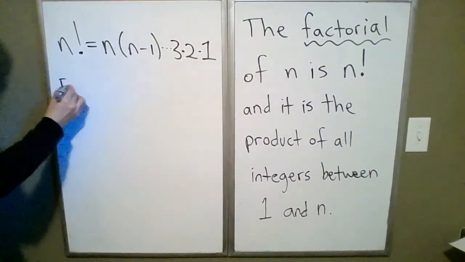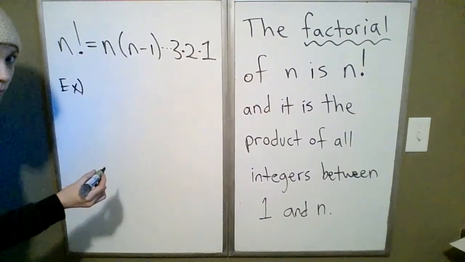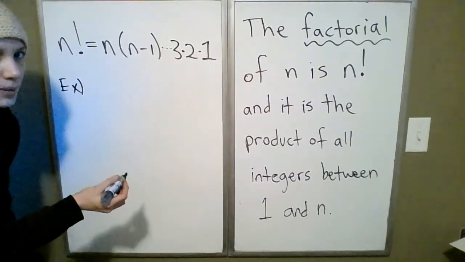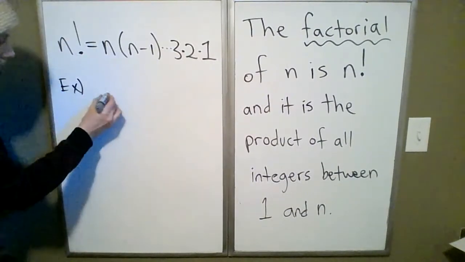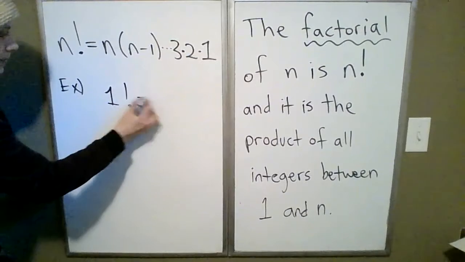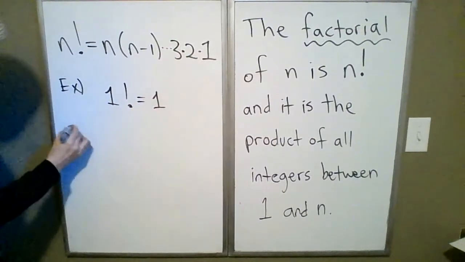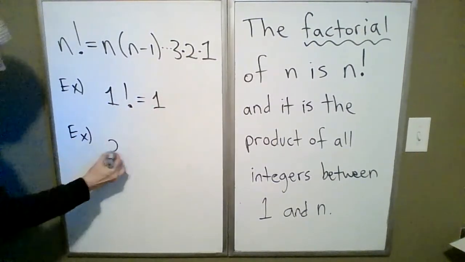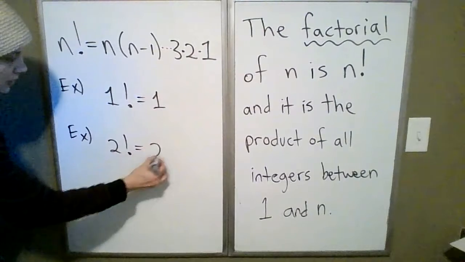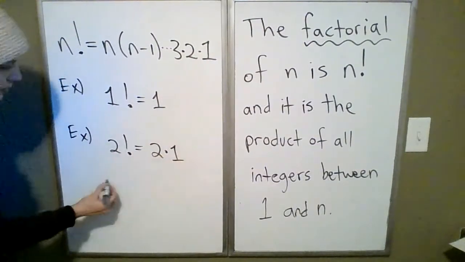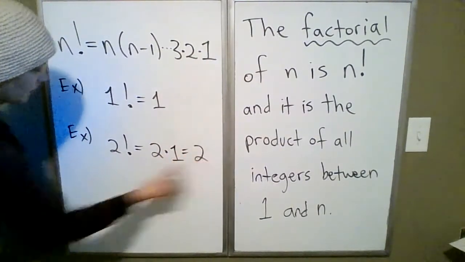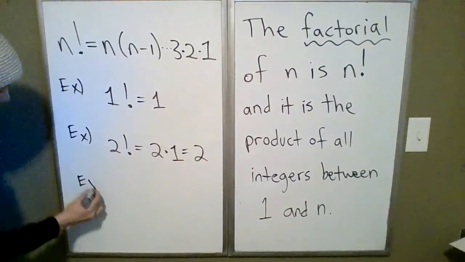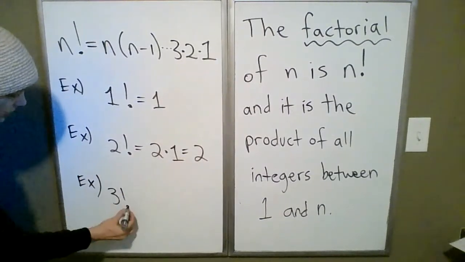Okay, let's do this. I think we're going to do a bunch to get some practice. 1 factorial is 1. 2 factorial would be 2 times 1, just 2. 3 factorial.